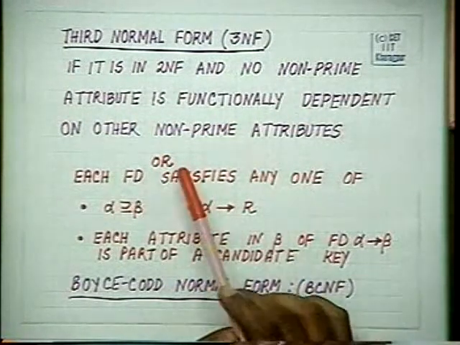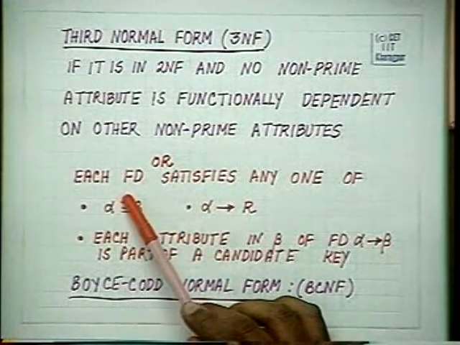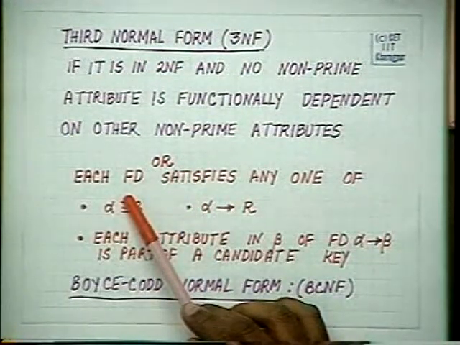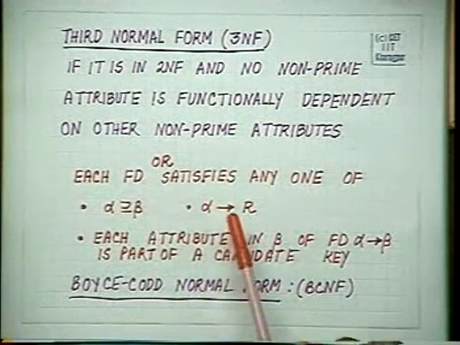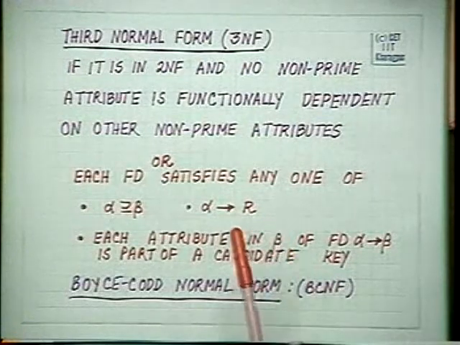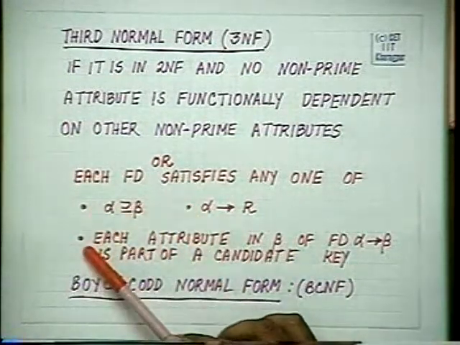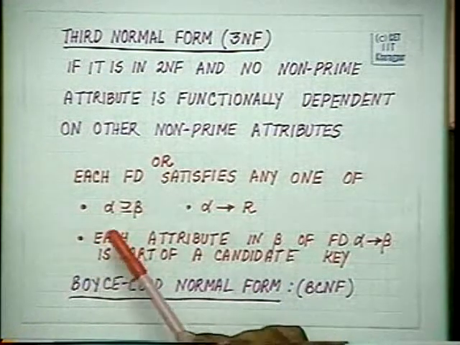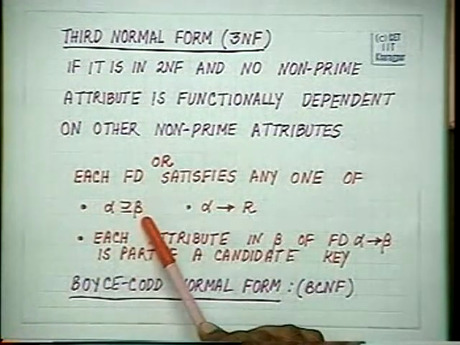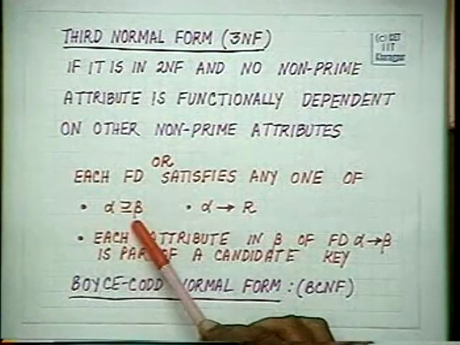We also saw that this is equivalent to saying that for any functional dependency alpha to beta which holds on any one of the decomposed relations or any relation scheme, at least one of the three conditions must hold. That is, alpha is a superset of beta, which means that it is a trivial dependency.